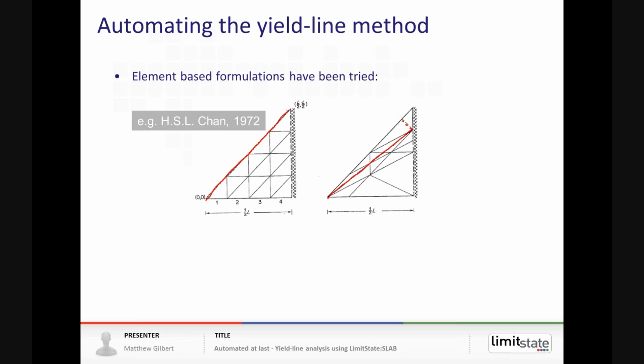And for slab analysis in particular, if you've got things like a fan mechanism that you may expect underneath a point load, then you would need to have your elements prearranged in a radial mesh, for example. Otherwise it would be difficult to actually identify a fan type mechanism. So it was good, but there were issues with it.